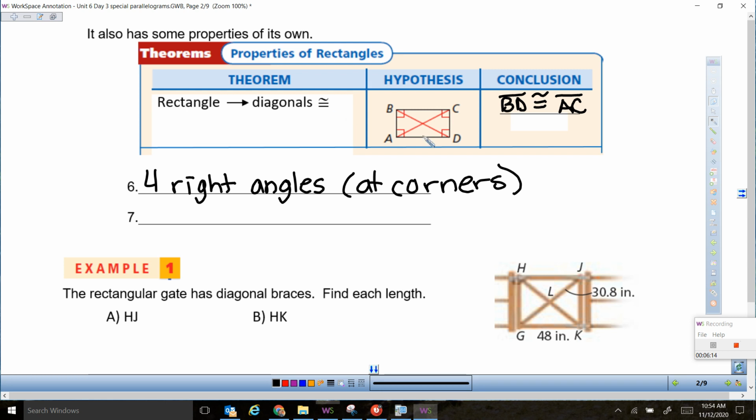And if you notice this diagram up here, we have a right angle at A, B, C, and D. So ABCD is a rectangle because it has 4 right angles at the corner.